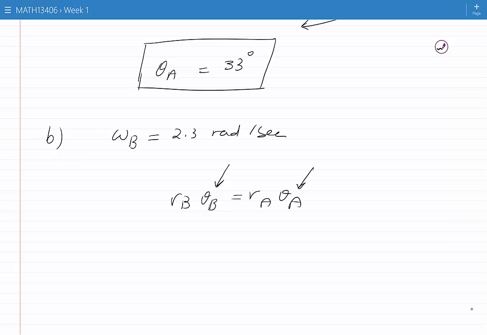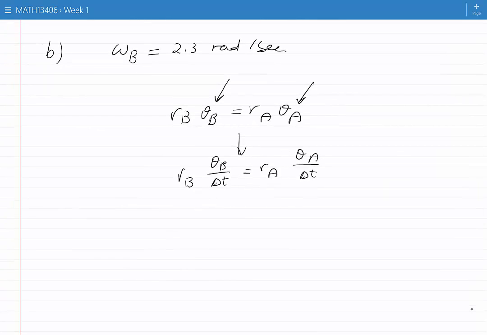We would get RB theta B over delta t is equal to RA theta A over delta t. But change in angle divided by change in time is nothing but angular velocity. Therefore we can say RB omega B is equal to RA omega A.